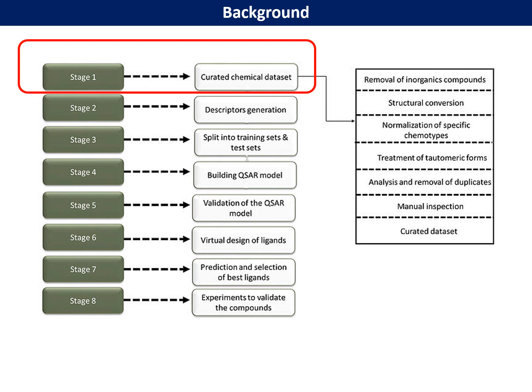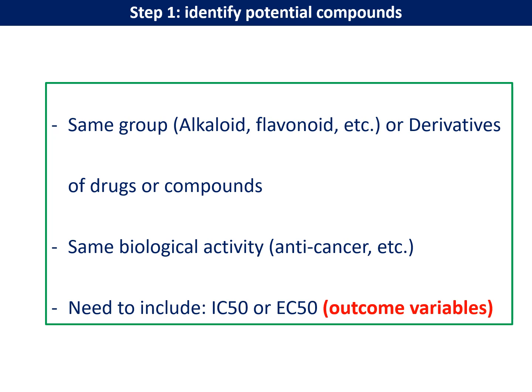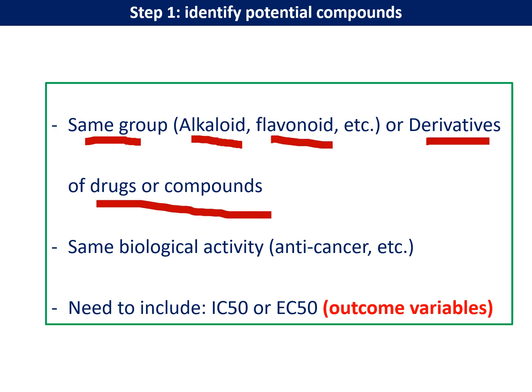In step one, you need to identify the chemical datasets. Here, you need to make sure that your compounds are in the same group, for example alkaloids, flavonoids, or derivatives of a drug or compound. The compounds must have the same bioactivity, for example anti-cancer, anti-diabetes, or anti-Alzheimer's disease, and you need to make sure they include IC50 or EC50.